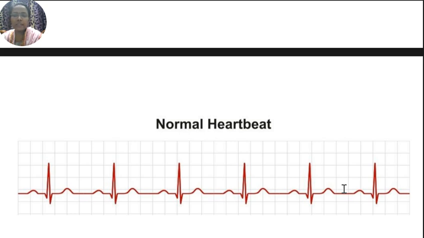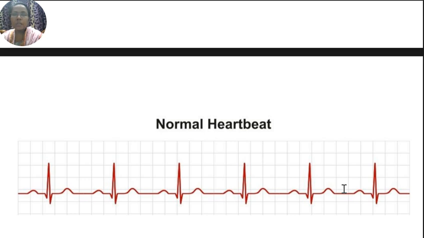Like that, the ECG tells about the normal working of the human heart, the physiological function behind it. The significance of recording an ECG is to diagnose any kind of disorder related to the heart.